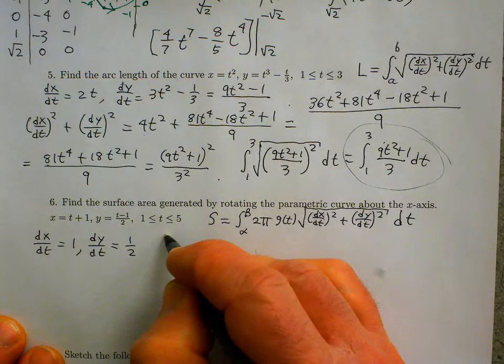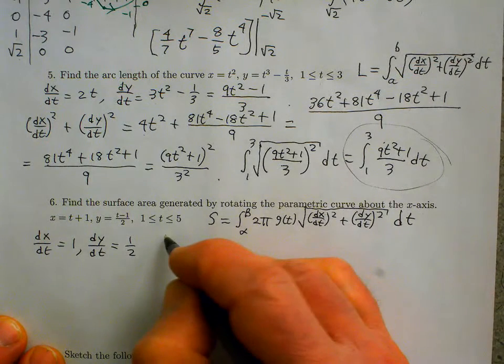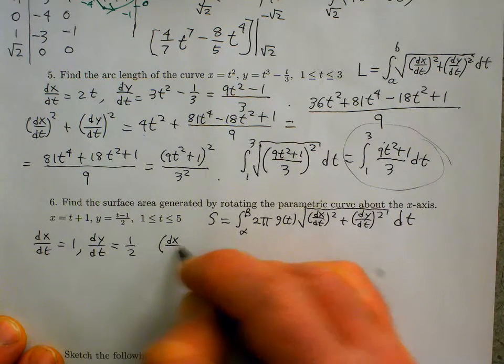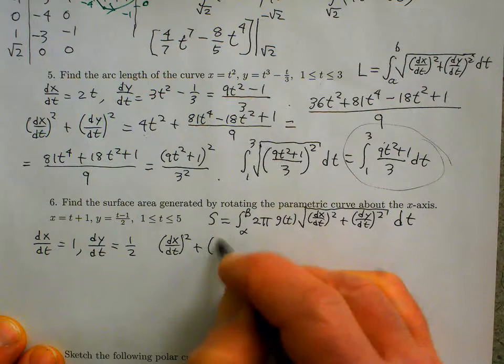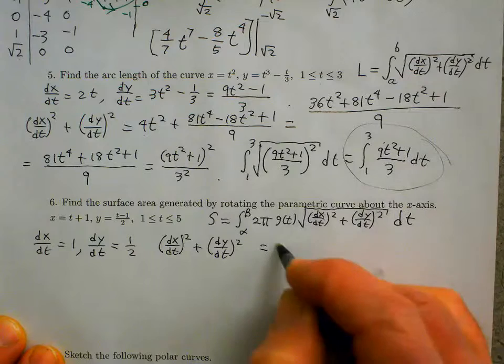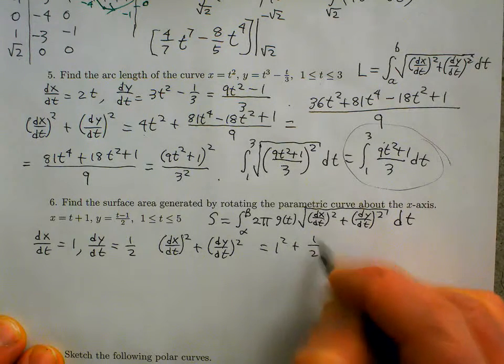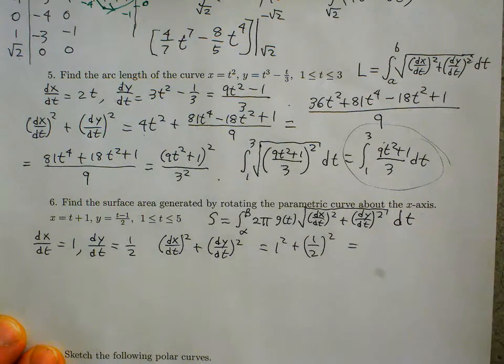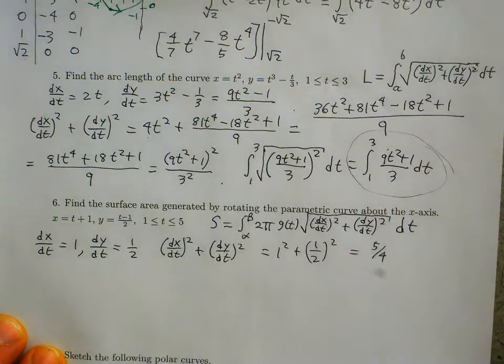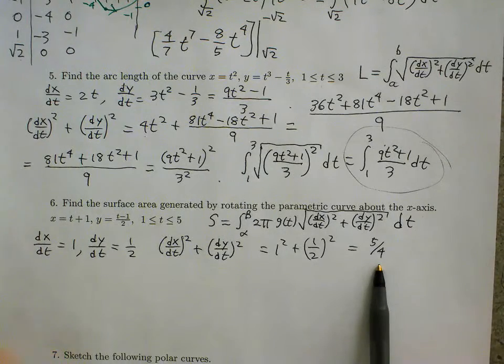So when we square those and add them, one squared plus 1/2 squared is 5/4. So that's the number that goes inside the square root.